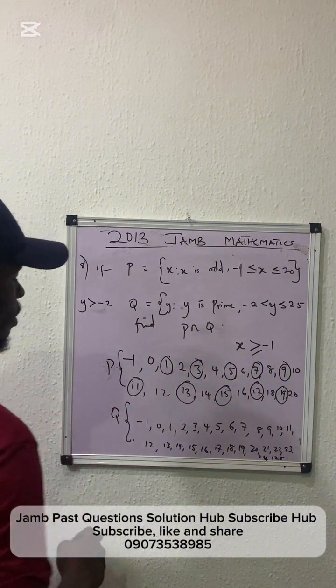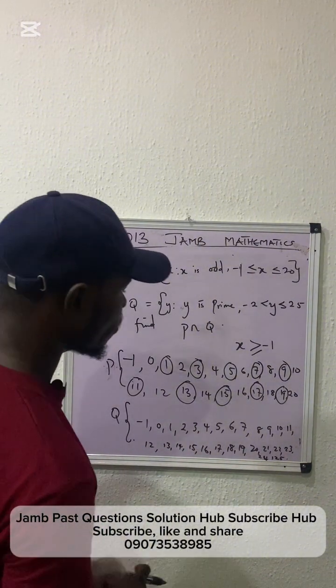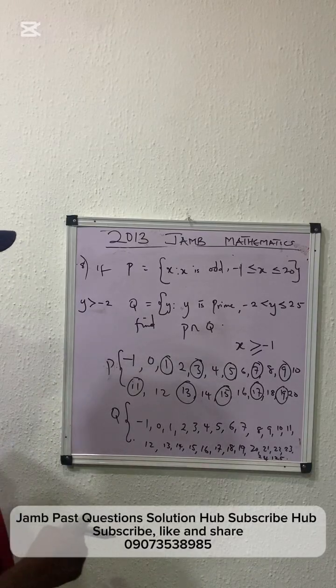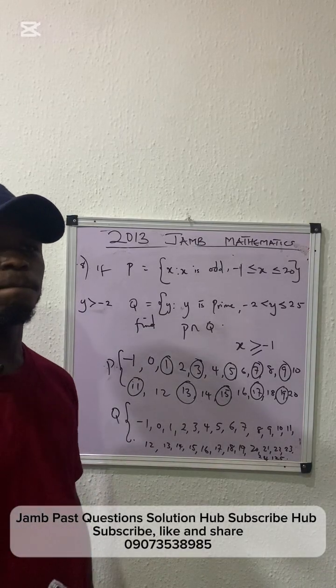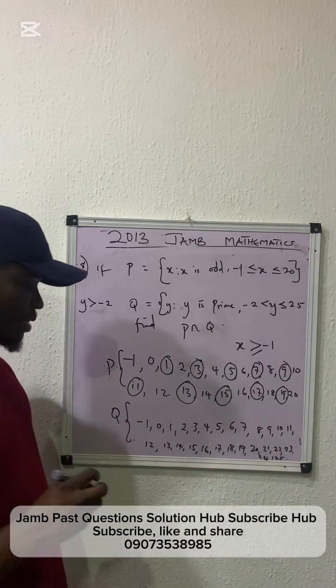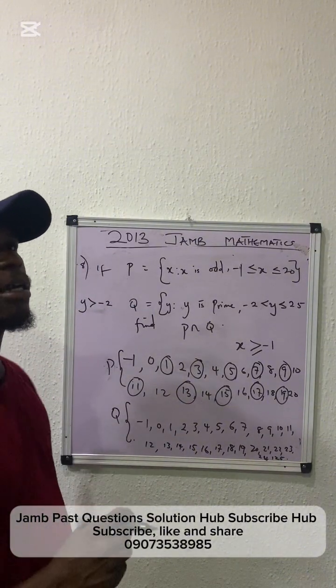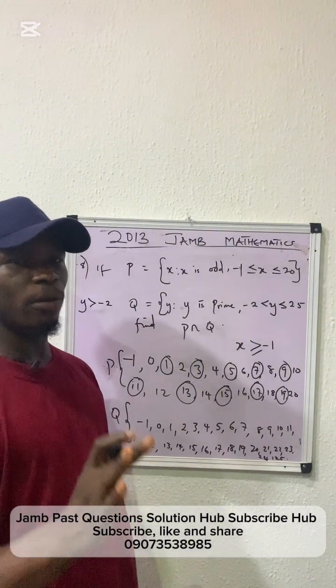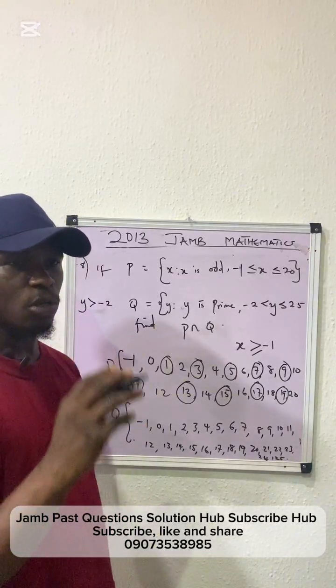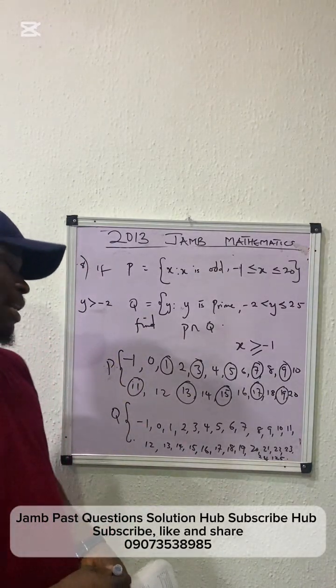The prime numbers here are numbers that have 2 factors, 1 and itself. For example, 1 is not a prime number because it has only one factor, which is 1. So it has to have 2 factors, 1 and itself.